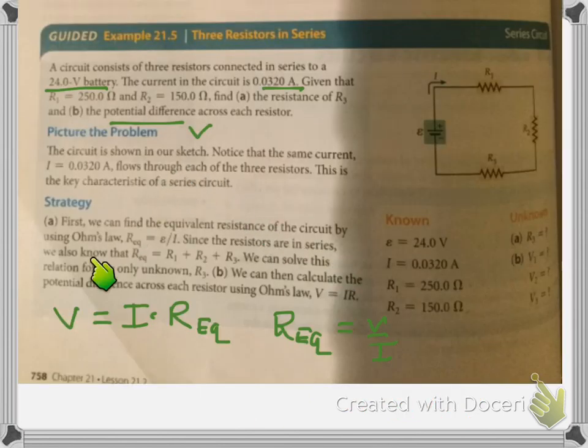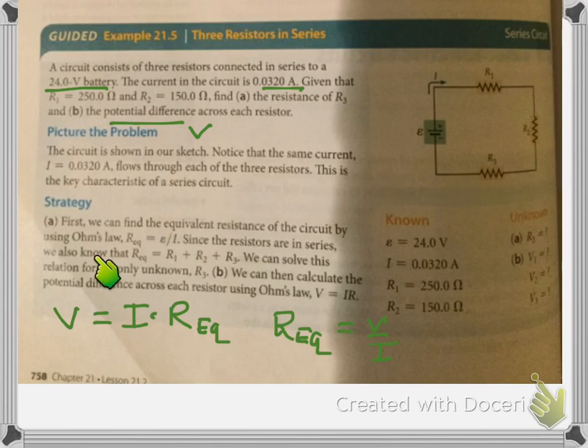So I'm trying to figure out V across each resistor in this picture. So the current, which we know stays the same all the way through this thing, doesn't divide. It has to go through here, and through here. Now that's different if you have a parallel circuit, because in a parallel circuit the current can split off into other wires. But here my current will stay constant all the way through.